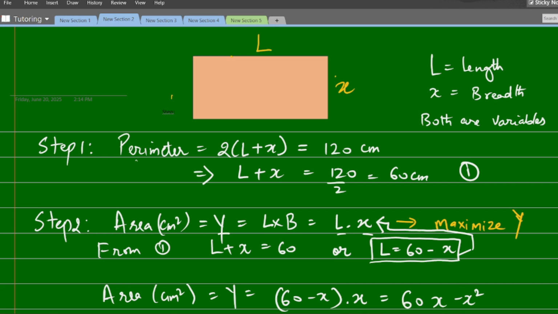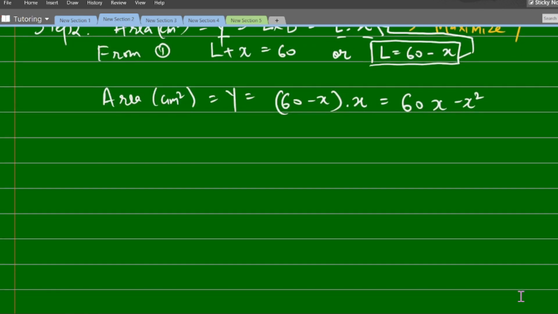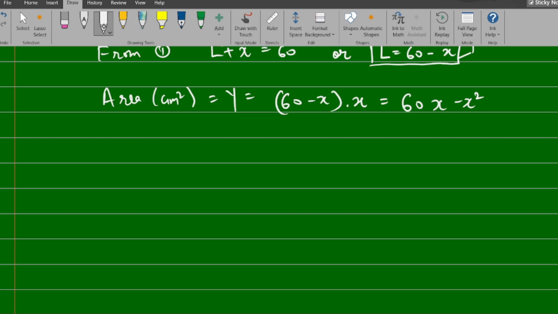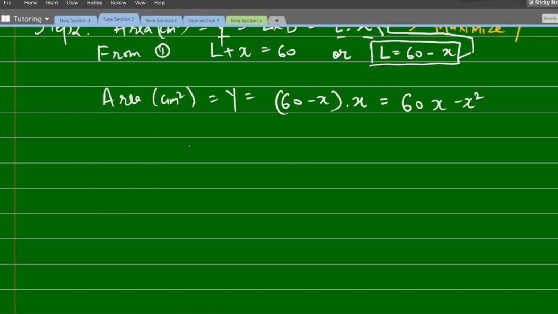And this is all in centimeter square. Let me scroll it down. So y is 60x minus x squared.